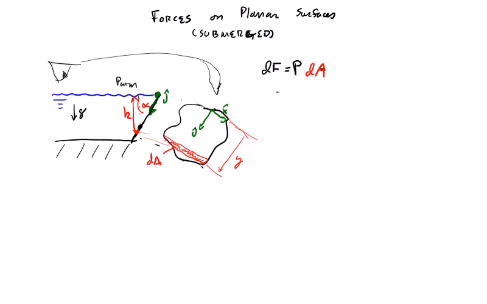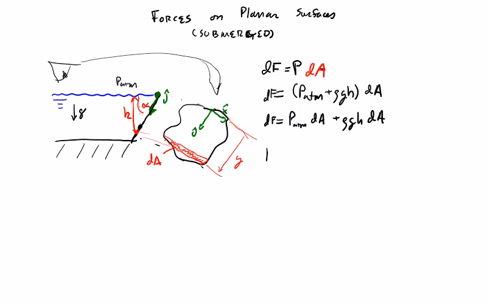Because we're smart, we remember the last video. Due to hydrostatic pressure, we can say that as P_atm plus rho g h, times dA. We could break that up and say that is P_atm times dA plus rho g h times dA, and that's dF.